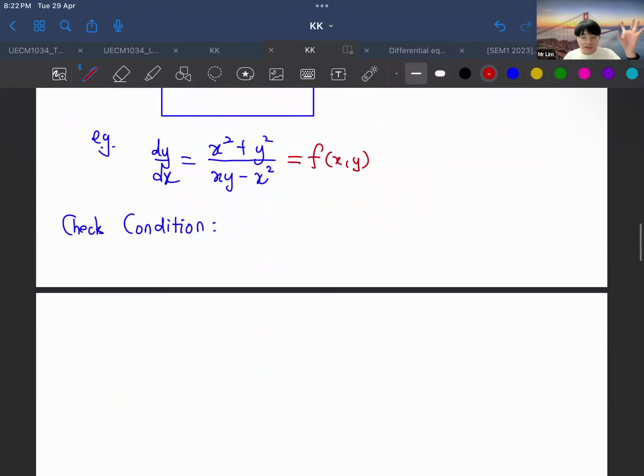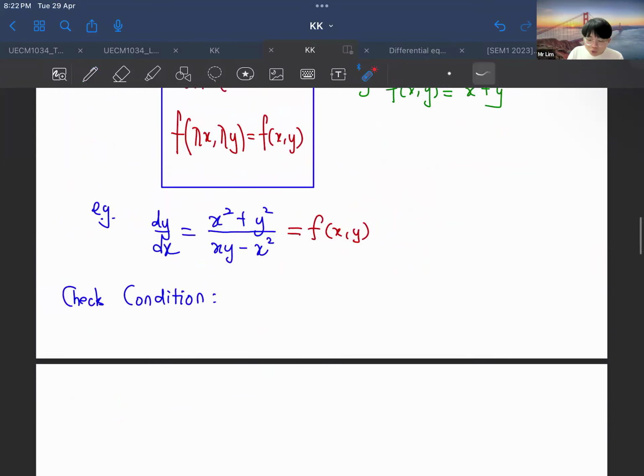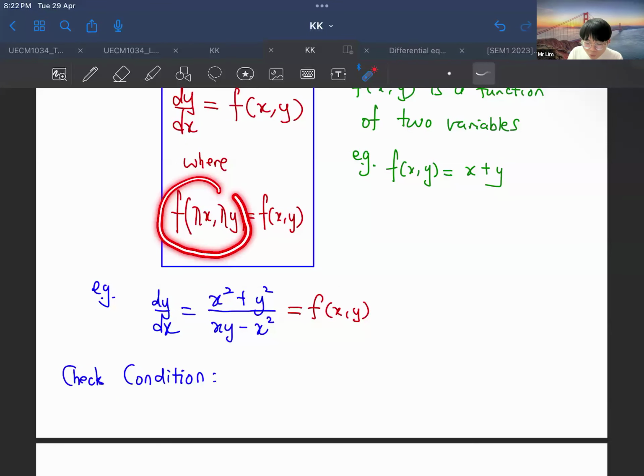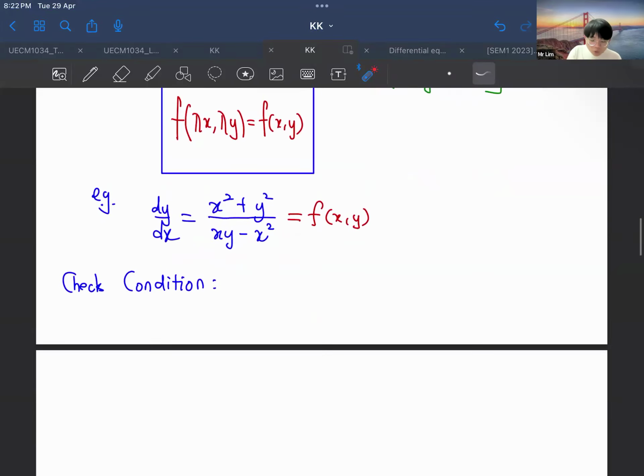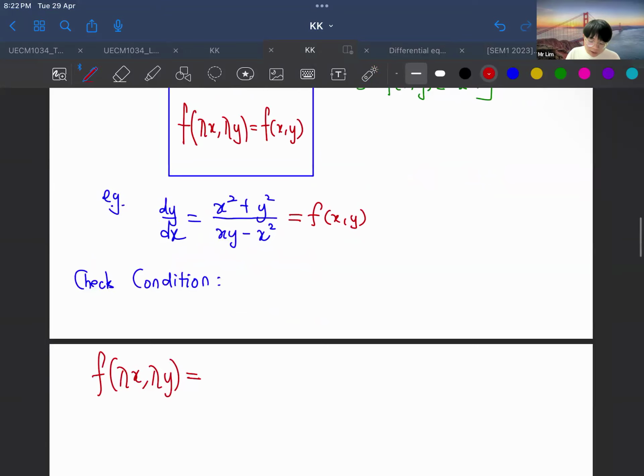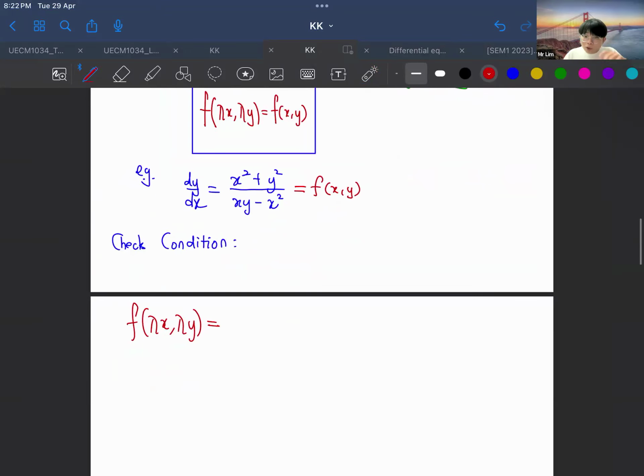The magic is that I want to check whether this one is equal to this one. So I'm going to start with f(λx, λy). If I want to show that it is a homogeneous DE, finally I should get the answer to be f(x,y) only. I need to be able to show that.